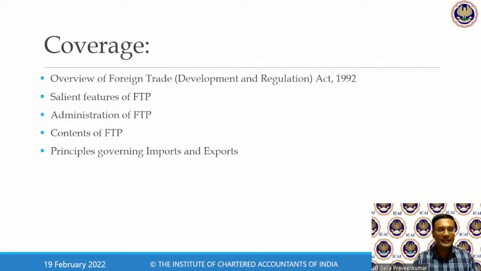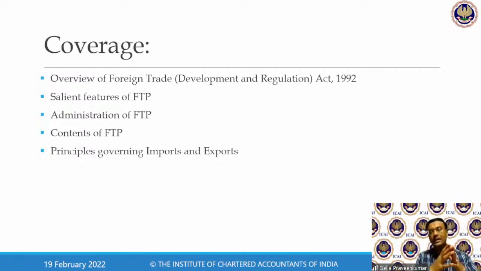So in general, they say exports and imports are free unless regulated. When I say the term free, don't imagine that imports or exports are free of duty. It doesn't mean it is free. There is a regulation, there is a control. What is the volume of imports which can come into India? What is the volume which can go out of India?